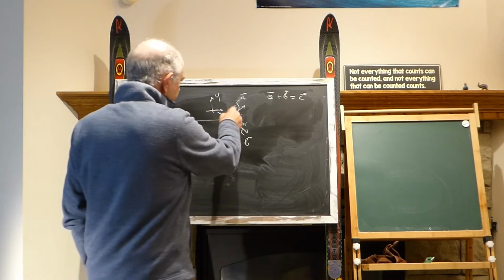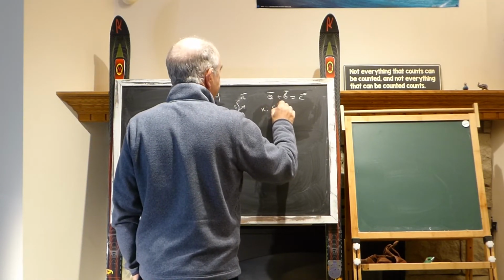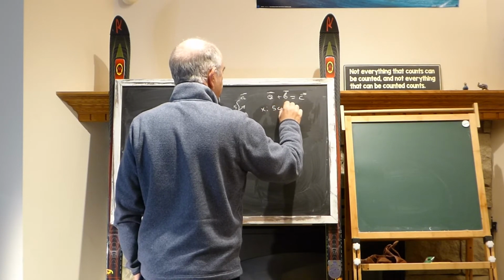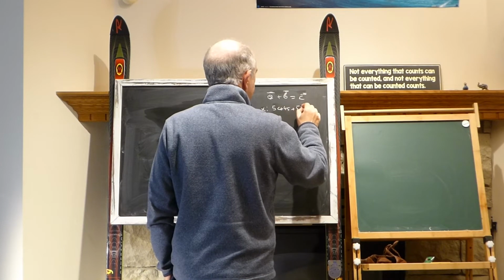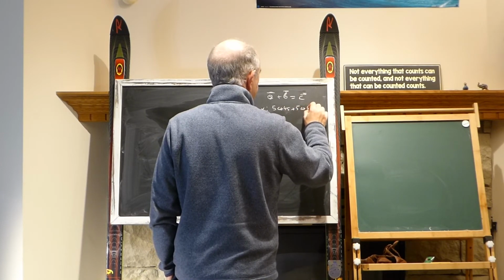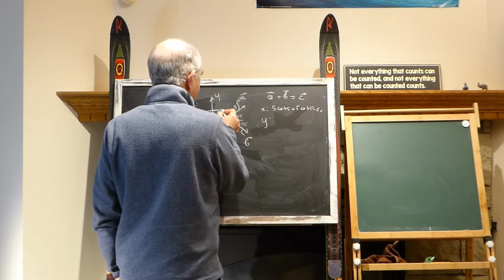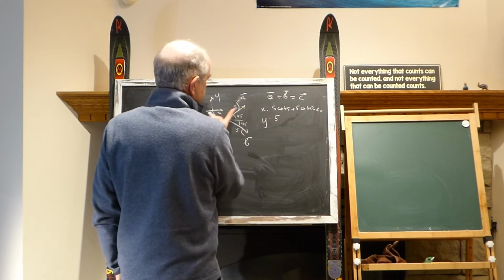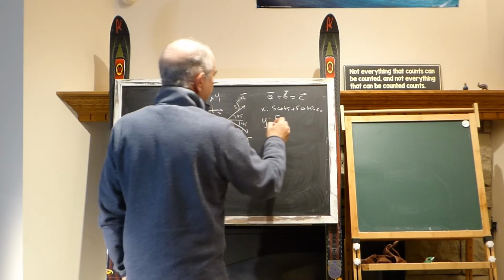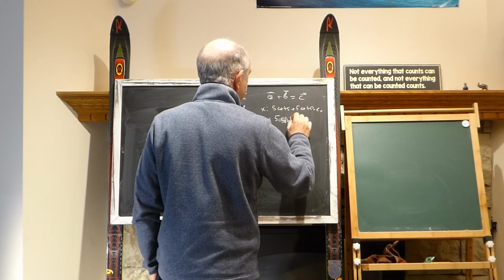Well, 5 projection on x would be 5 cosine 45, plus b, it would be 5 cosine 45. And it would be cx. Along y, 5 goes up, this vector has a component directed along y, so it comes with a plus, and it will be 5 sine 45.